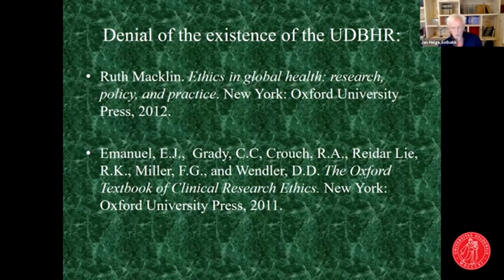That is the only existing normative declaration that links bioethics and human rights, and the only existing declaration that has 192 member states behind it. The second book, the Oxford Textbook of Clinical Research Ethics, has no mention whatsoever of the Universal Declaration on Bioethics and Human Rights.